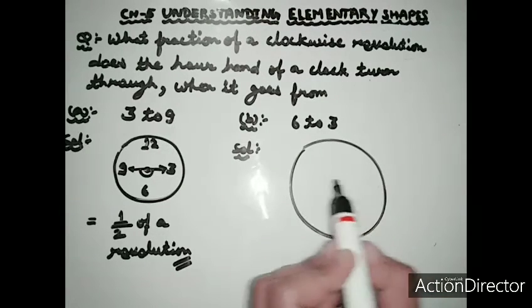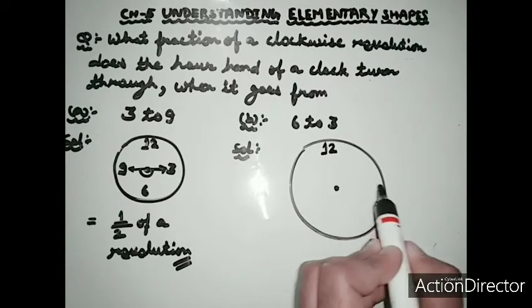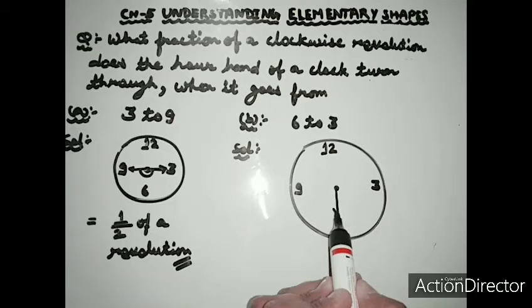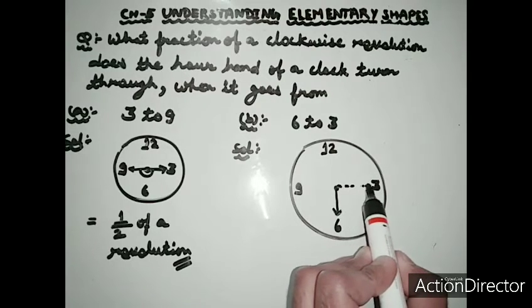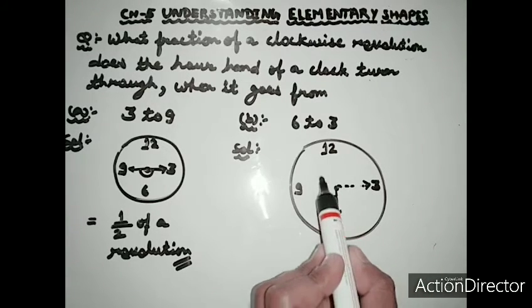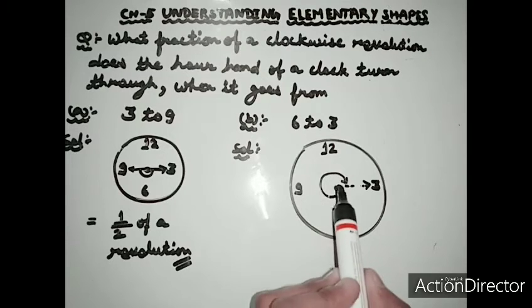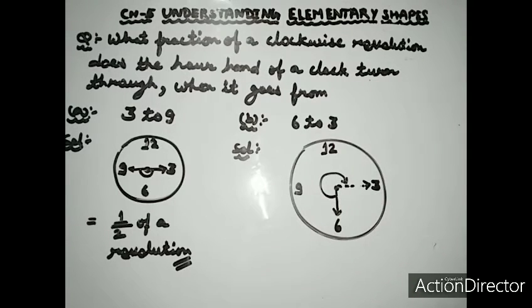Now we take the second example, 6 to 3. So here we write 12, 3, 6 and 9. Okay, and let's move from 6 to 3, from here to here. Now, what is the total number of 90-degree angles here? 1, 2 and 3.